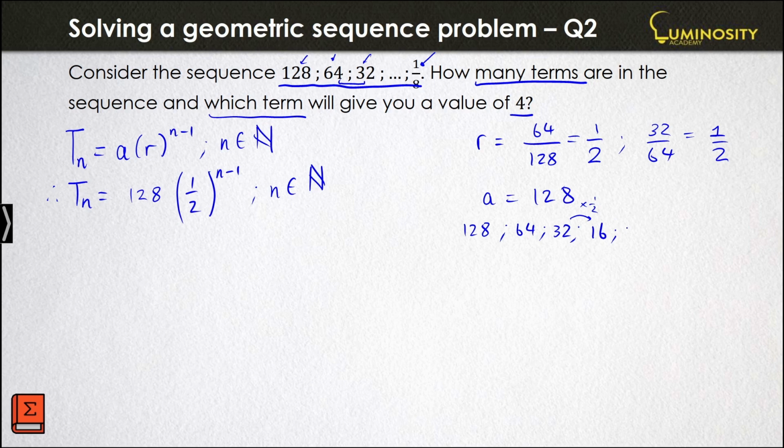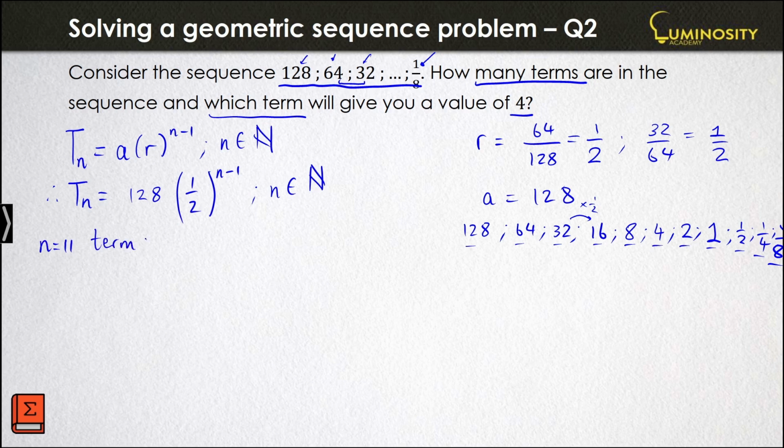So 16 times a half, that's 8. 8 times a half, that's 4. 4 times a half is 2. 2 times a half is 1. 1 times a half is a half. A half times a half is a quarter. And a quarter times a half is an eighth. So I can actually count the number of terms here. 1, 2, 3, 4, 5, 6, 7, 8, 9, 10, 11. 11 terms. So I would say n equals 11 terms.